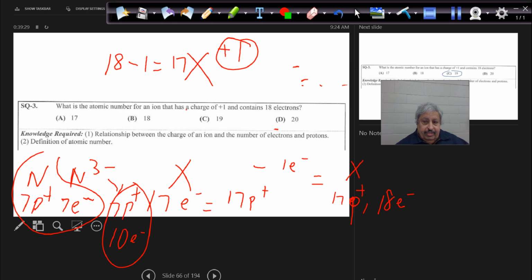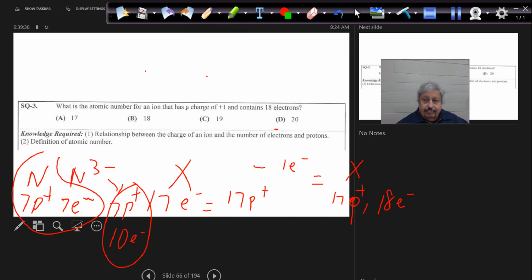So 17 is not correct. It has to be 19 protons, 19 electrons.